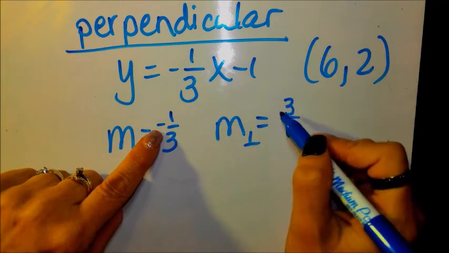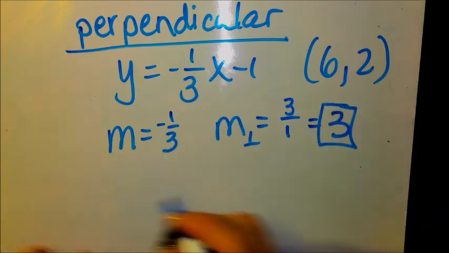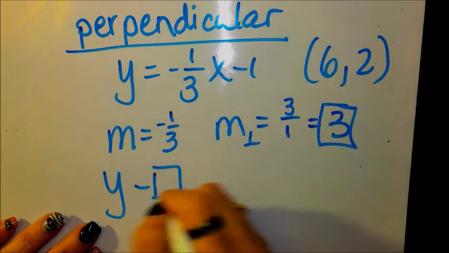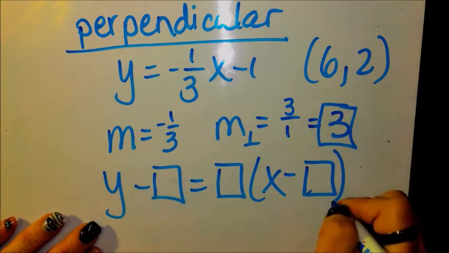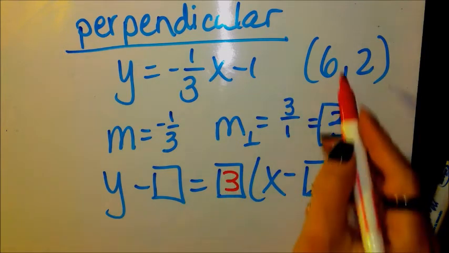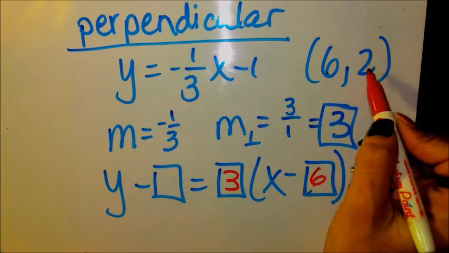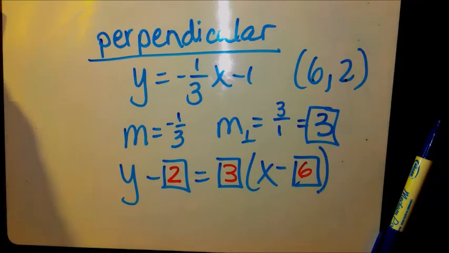Switch it, so it's negative to positive. So my slope is 3. So again, you do your y minus something equals something times x minus something. And you're going to plug in what you know. You know your slope is 3. x stays with x. y stays with y. And then you would just simplify it. Perpendicular lines, flip it and switch it.